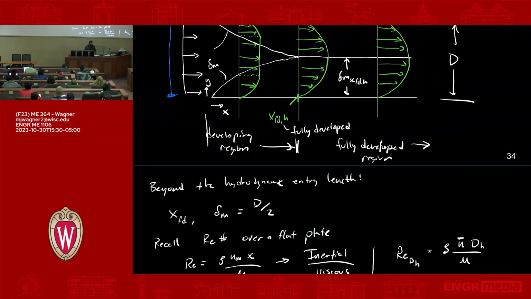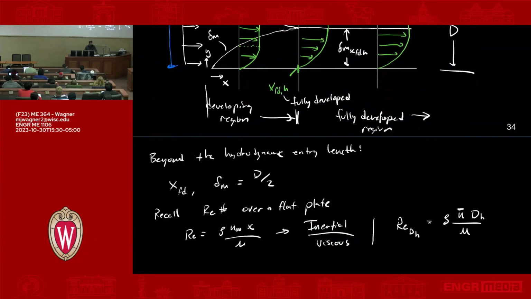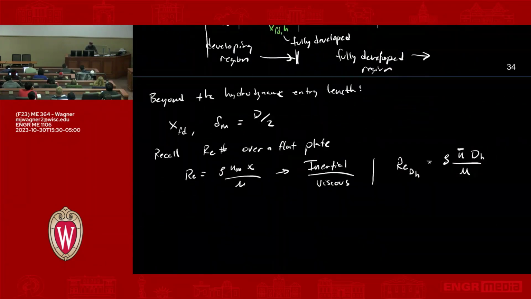So dH, the hydraulic diameter, if you've taken fluids, you probably remember this. dH is usually defined as 4 times AC over the perimeter. AC is your cross-sectional area that's available for flow, so pi d squared over 4. The perimeter would be the wetted perimeter. So let's write that out.